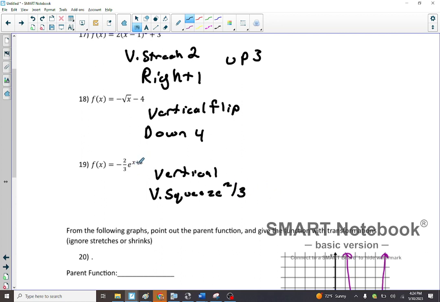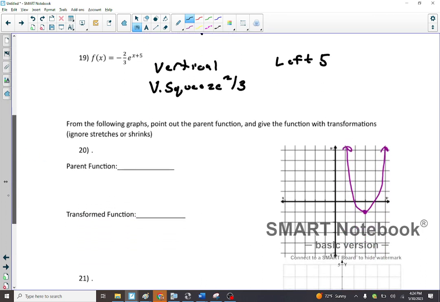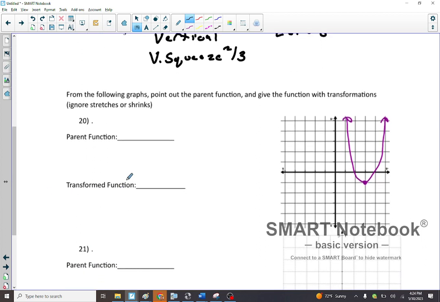This is happening directly to the x, so that's an h value, so it goes left 5, because h is -5 in that case. It does not go up and down in this case. There's no plus normal number. All right, next one.